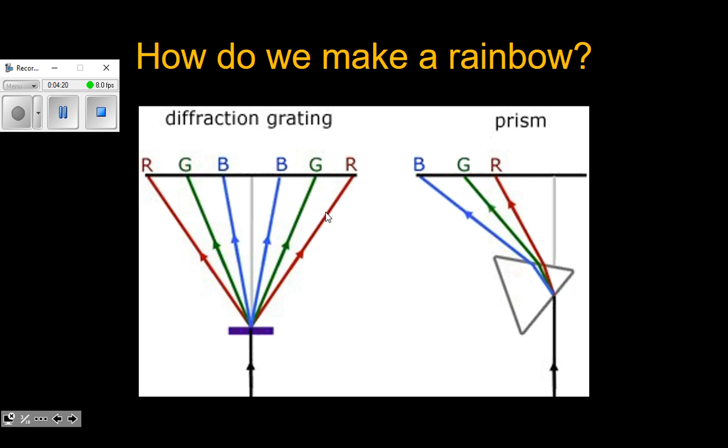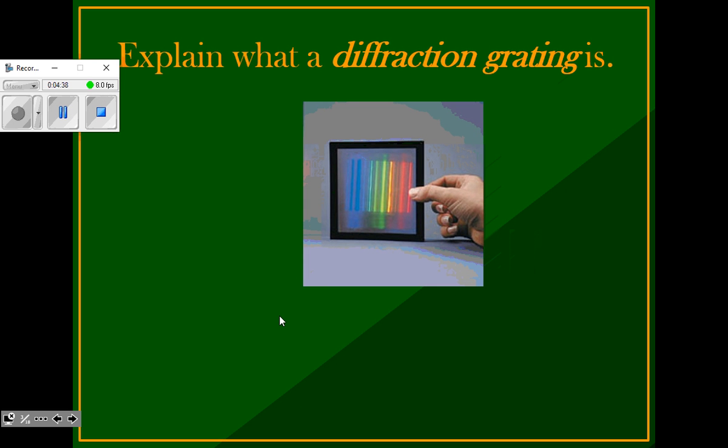So we can make a rainbow or a spectra, which would be our more scientific word for rainbow, 2 different ways. We can use the old traditional way, like a raindrop or a triangular prism, which actually uses refraction, or we can use a diffraction grating. And that's what's going to be demonstrated today in that video. So exactly what is a diffraction grating?